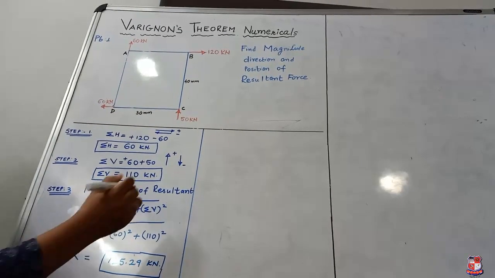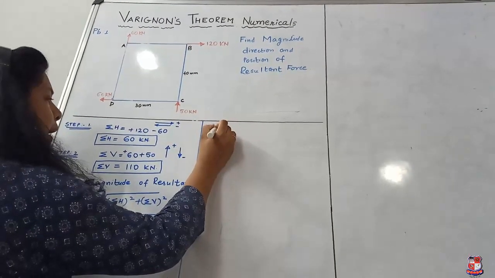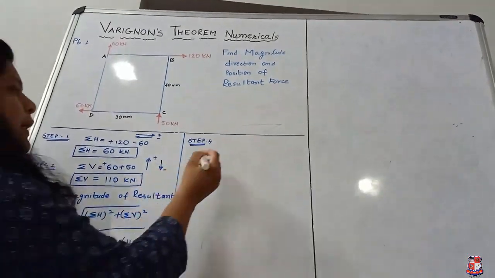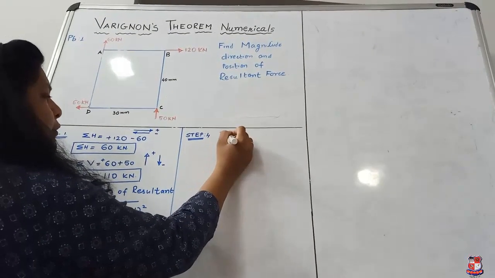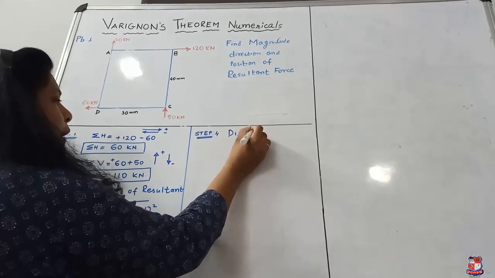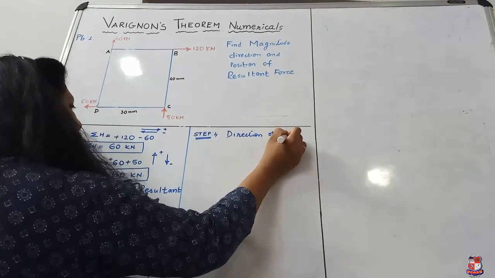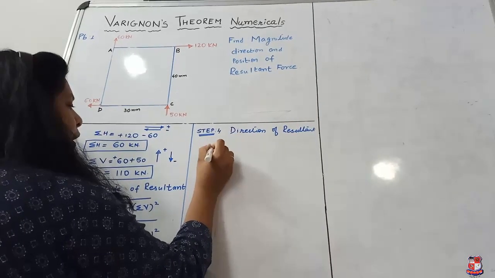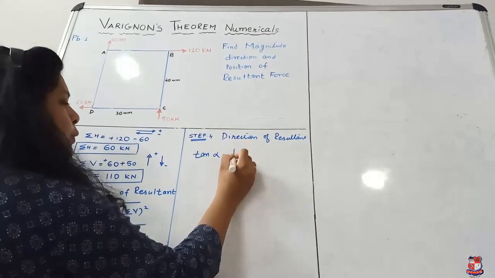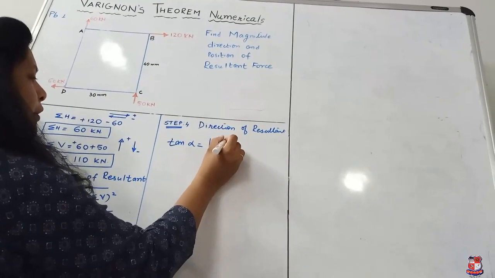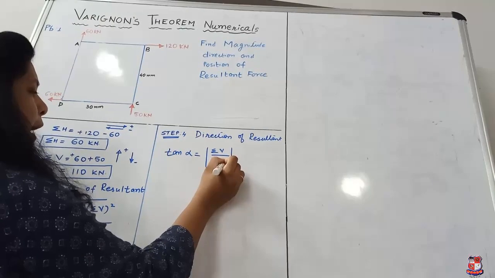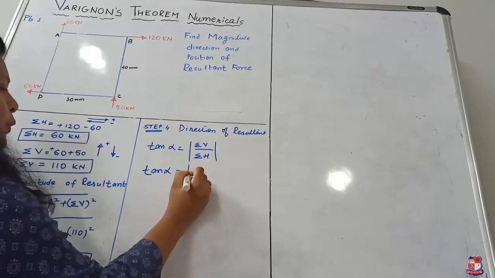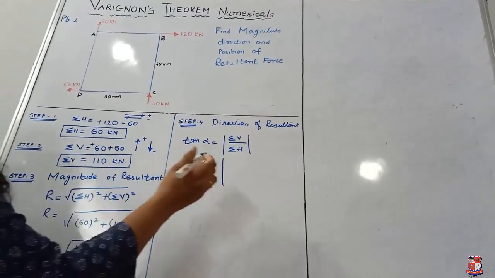Now what we have to find out is the direction. What is the formula to find the direction of the resultant force? Tan alpha is equal to mod sigma V upon sigma H. So tan alpha is equal to, what is sigma V? 110.